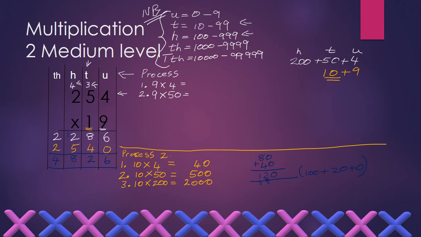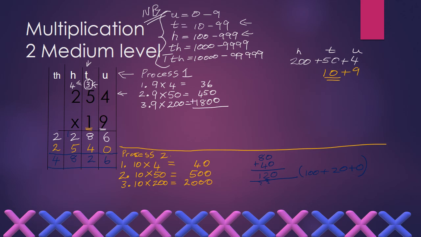So this was process 1. There we go. 9 times 4 we said was 36. 9 times 5 we said was 450. Notice I'm not adding the 30 that was up here. I'm not adding that in. And you're going to see why now. And then 9 times 200 is equal to 1,800.